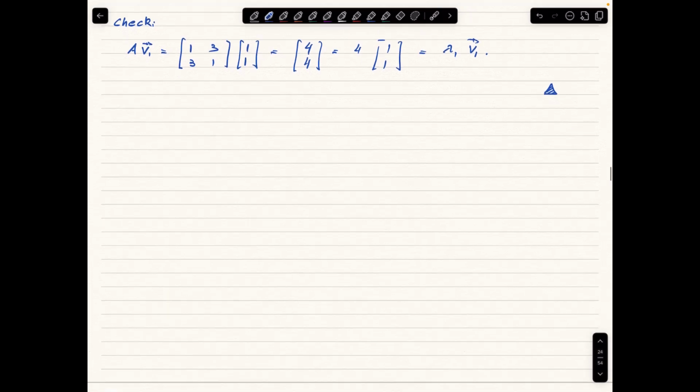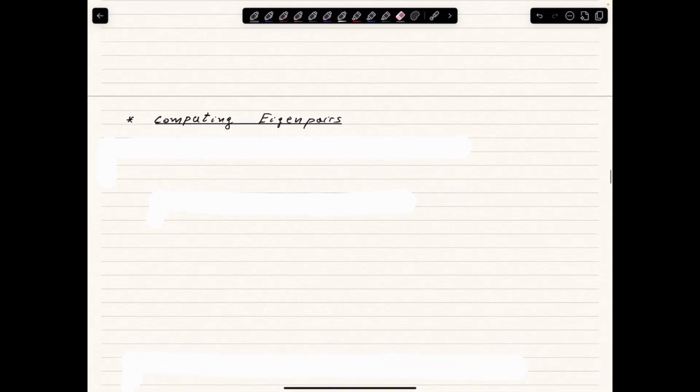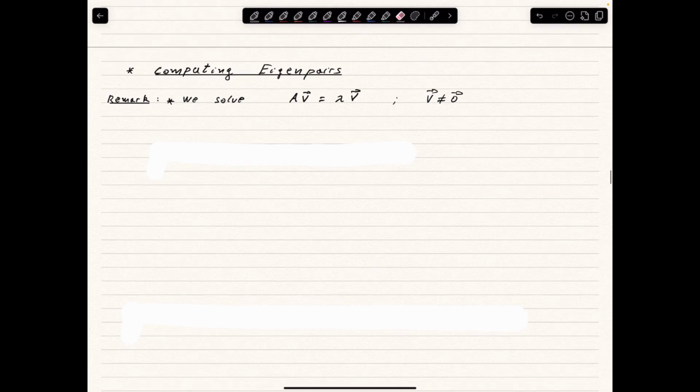Now let's try to find an analytical way to compute eigenvalues and eigenvectors of a matrix. And then when we do that, we need to go back to the remark we had before. Recall that what we need to do is we need to solve the eigenvalue eigenvector equation, and here v and lambda, these are the unknowns, and v has to be different from 0.